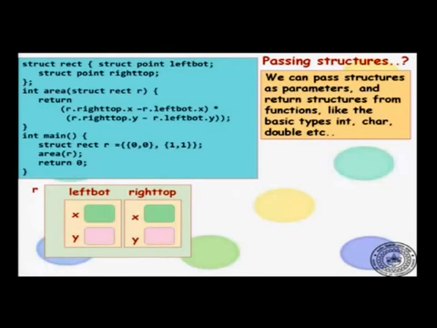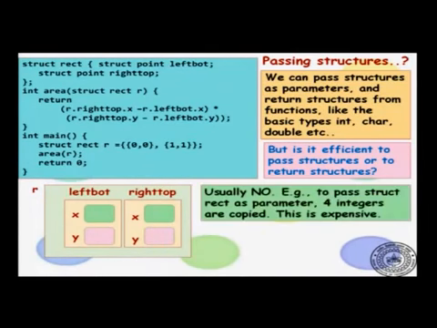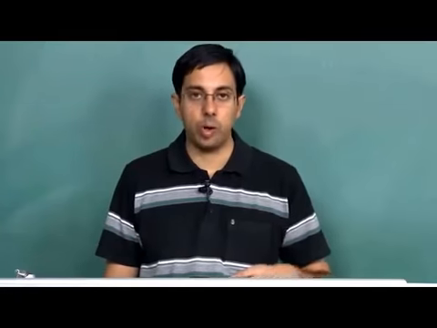We know that we can pass structures as parameters and also return structures from functions, but is it efficient to pass structures or to return structures? And the answer is usually no, because copying a structure involves copying all its subfields. Generally when you call a function, the value has to be copied onto the function's local scope, and we have seen this when discussing functions.